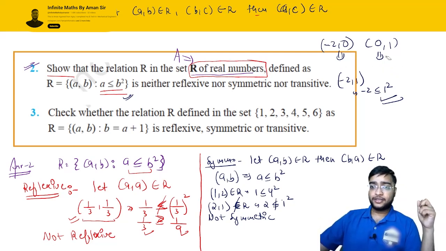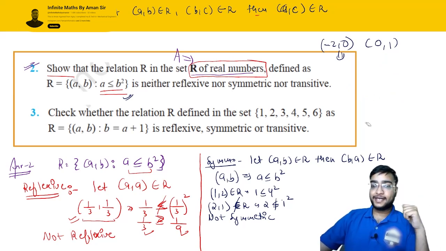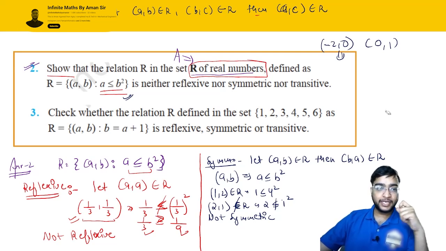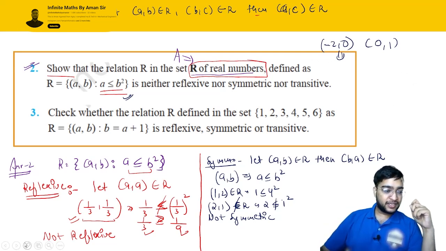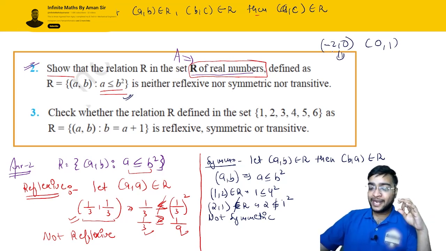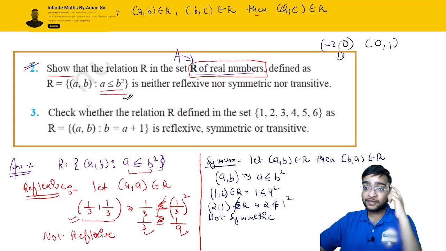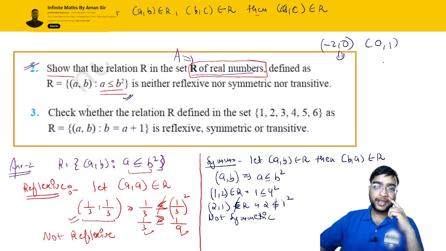Okay sir, just think about this. Let's see some example that must be taken as a relation. Can I take (-2, 0)? No problem, that must be taken here. I'm just trying to give the answer in my head only, in this question as well.